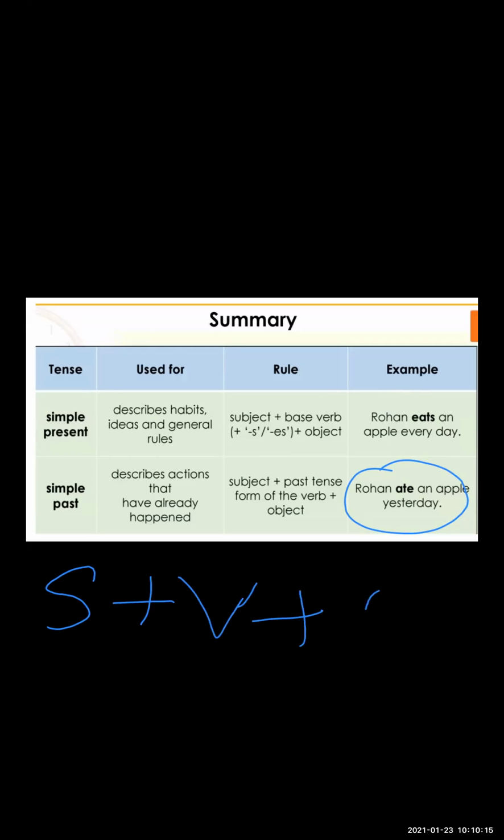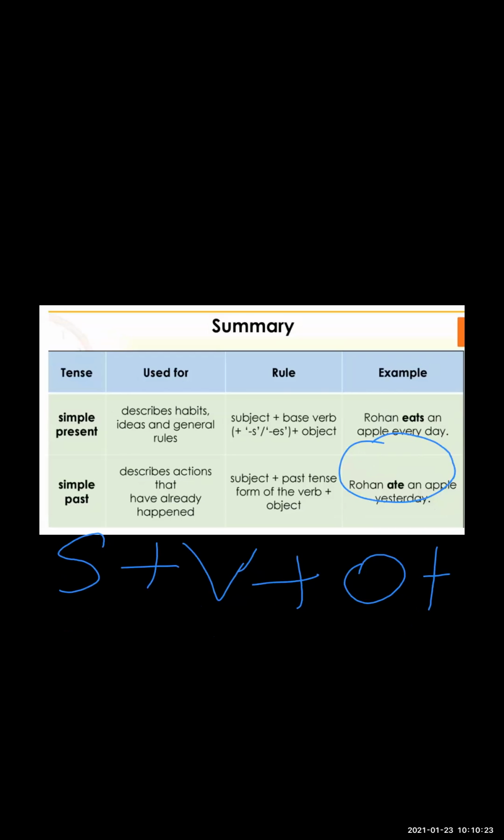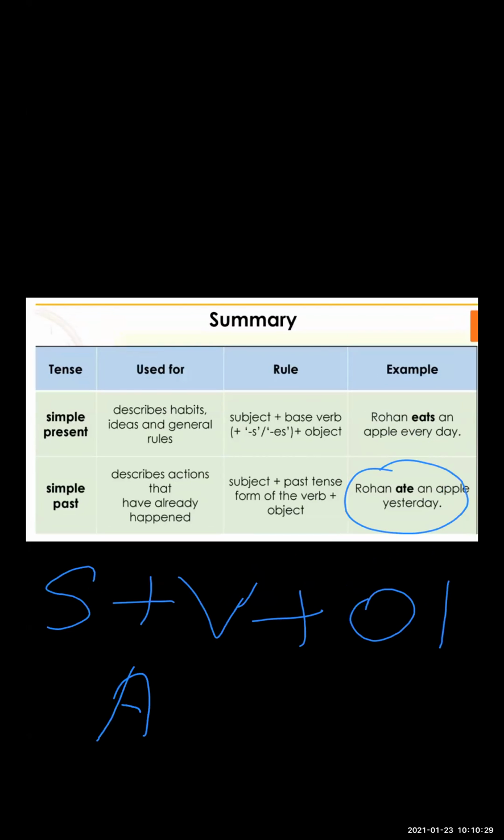Then I have an object, an apple. And then I have an adverb, that is yesterday. Yesterday is an adverb over here. So this is about the simple past tense.